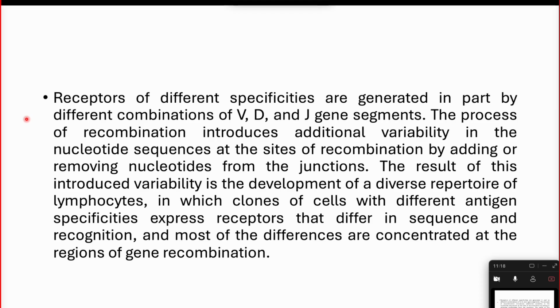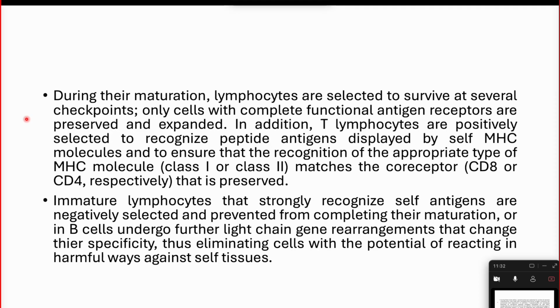The result of this introduced variability is the development of a diverse repertoire of lymphocytes, in which clones of cells with different antigen specificities express receptors that differ in sequence and recognition, and most of the differences are concentrated at the regions of gene recombination. During their maturation, lymphocytes are selected to survive at several checkpoints. Only cells with complete functional antigen receptors are preserved and expanded.